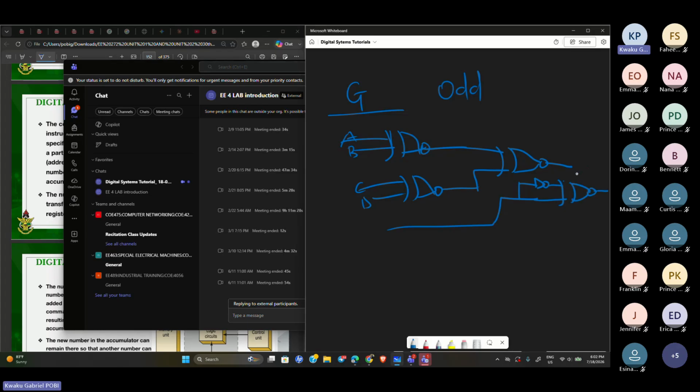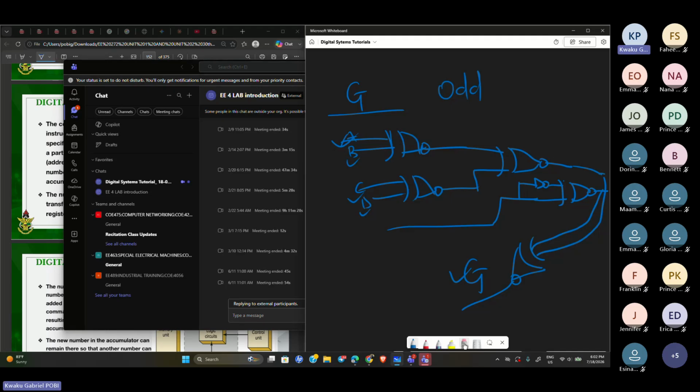You XNOR first. Then the output of these 2 guys will also be what? XNOR together to get the generator like this. Then now, if you want the parity checker, it's all these inputs plus the G, then you XNOR them together. So you draw that circuit in addition. Then you are done with the question.